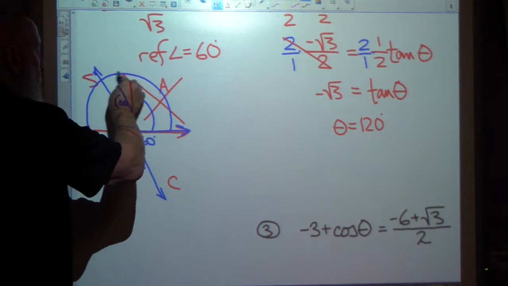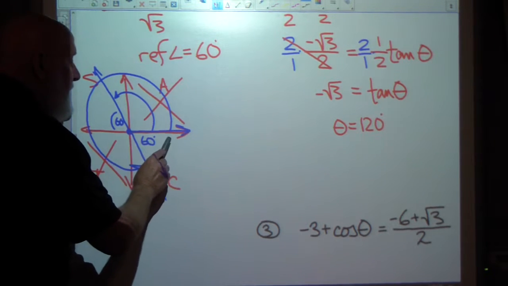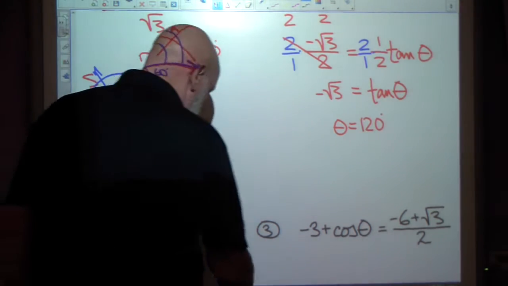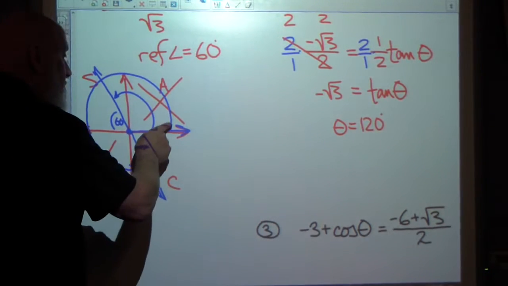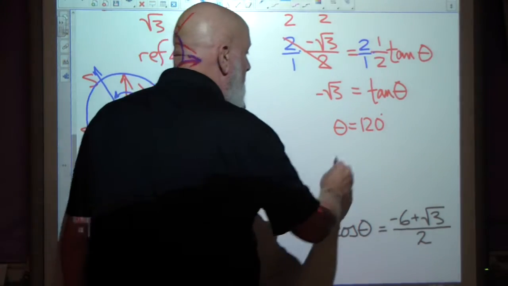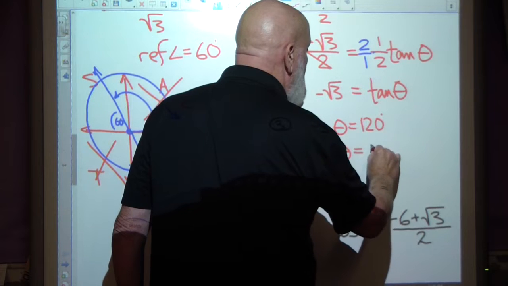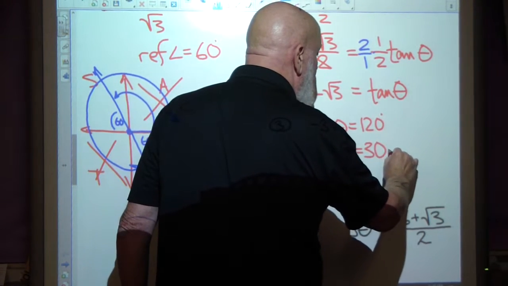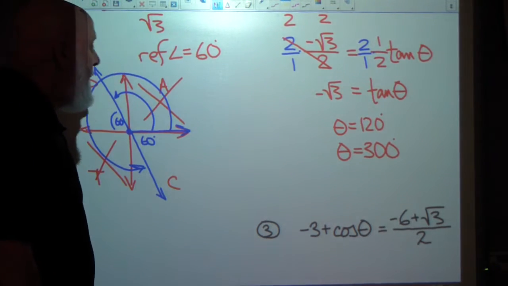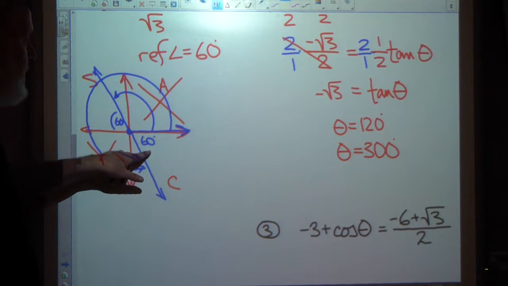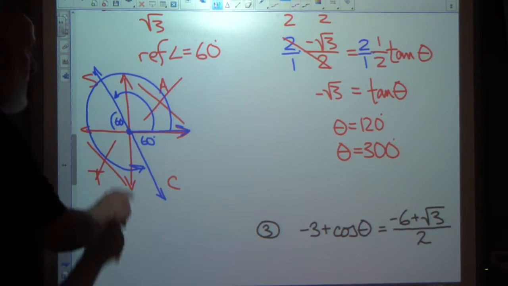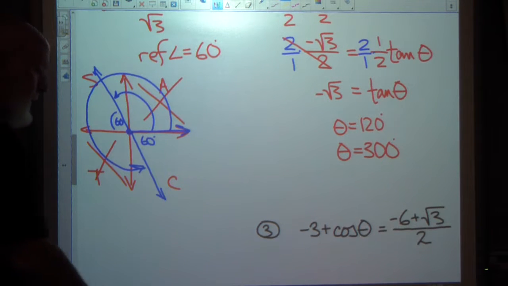So this is 180, 270, if this is 60, this is 30, so that would be 300 degrees. Or you can think of it as 60 degrees shy of a full circle rotation. So 300 degrees any way you go, those would be our two values of theta, such that if I take the tangent of either one of these, I'll get a negative radical 3. Negative because I'm in quadrant 2 and quadrant 4, and 120 and 300 because those are the ones that have reference angles of 60 degrees.